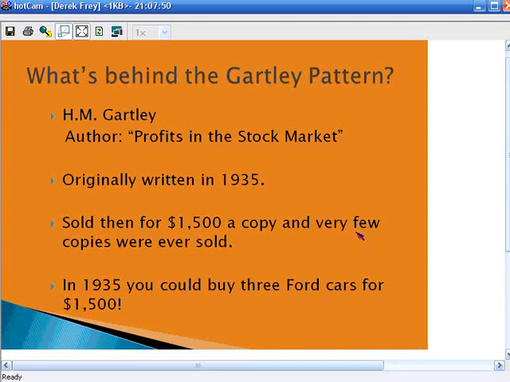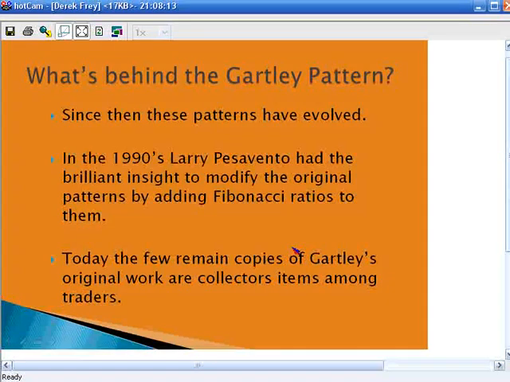And he didn't want to sell a lot of copies. He was, I think, at pretty great conflict as to whether he even wanted to publish it or not. But it was very unique insight, much like many geniuses. He had a very unique ability to assimilate data and see things that others did not in that data. Since his original discovery, and that's the key, these patterns were not created.